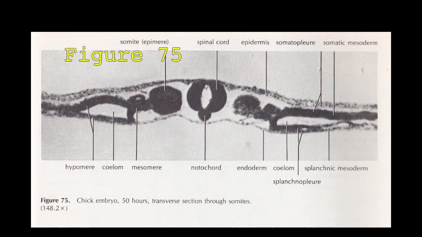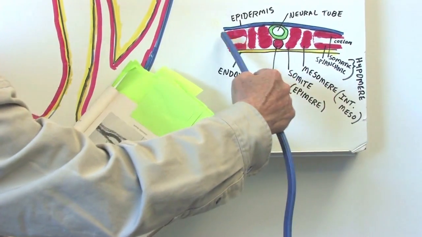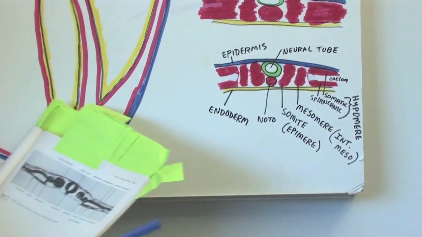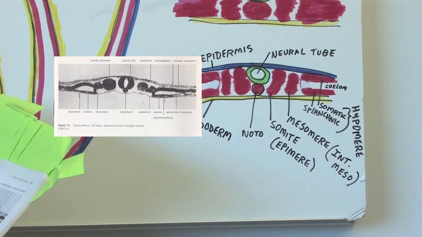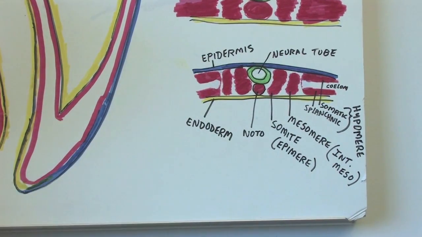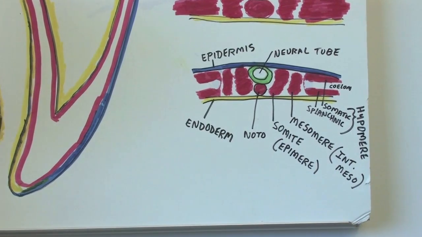And then if we look at figure number 75, this is a cross section, but it's done a little more posteriorly, where you can see the spinal cord, where you can see the notochord. This is very similar, actually, to this. You can see the somite, and you can see the hypomere in this figure number 75.